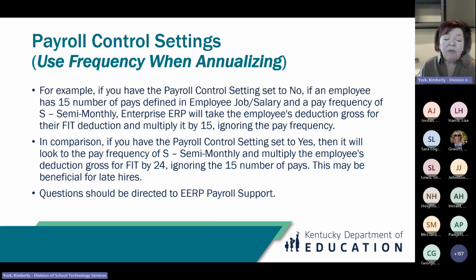In comparison, if you have the payroll control setting set to yes, then it will look for the pay frequency of S semi-monthly and multiply the employee's deduction gross for FIT by 24, ignoring the 15 number of pays. This may be beneficial for late hires. Questions about this should be directed to EERP Payroll Support with Tyler.